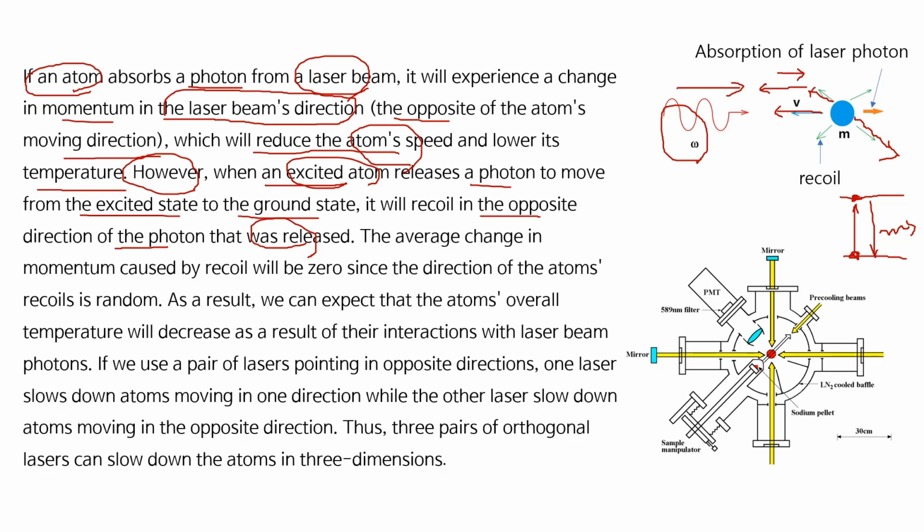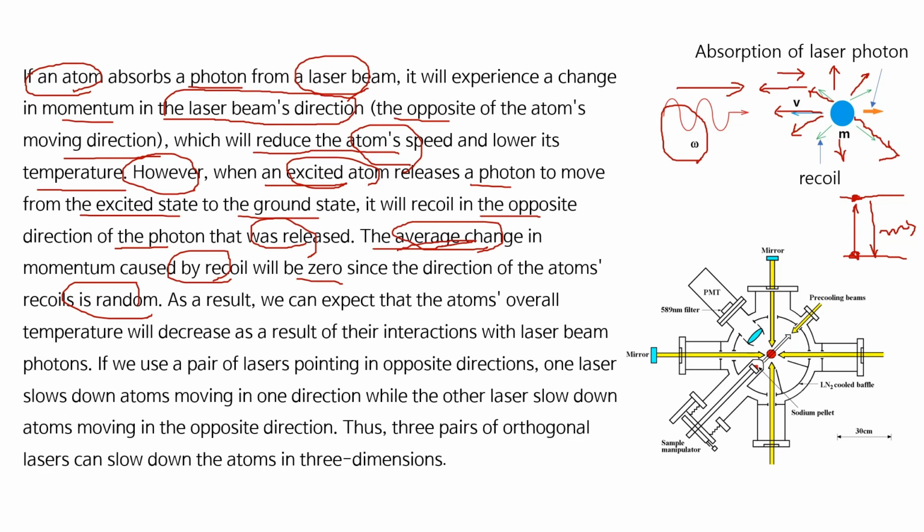Then the average change in momentum caused by the recoil will be zero, since the direction of the atom's recoil is random. The atom will release the photons in all directions, so the directions of the recoil of the atom are also random.